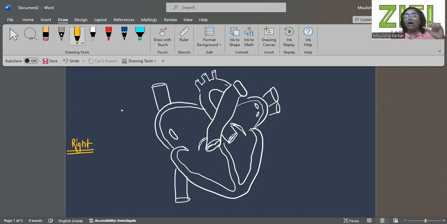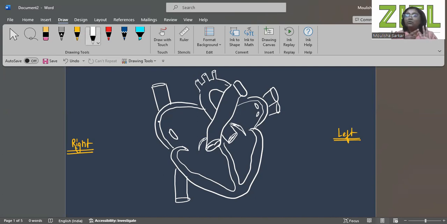First develop a structure in your brain that I'll take this one as the right side and this part as the left side, and then draw all the structures according to the side you took. So I am taking this part as the right side and here is the left side. If this is the right side, then we have four chambers in our heart.